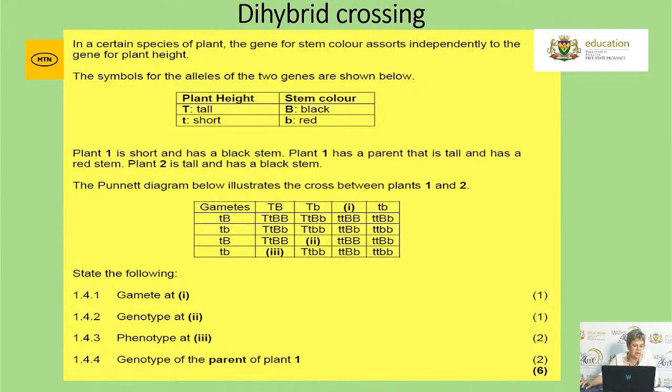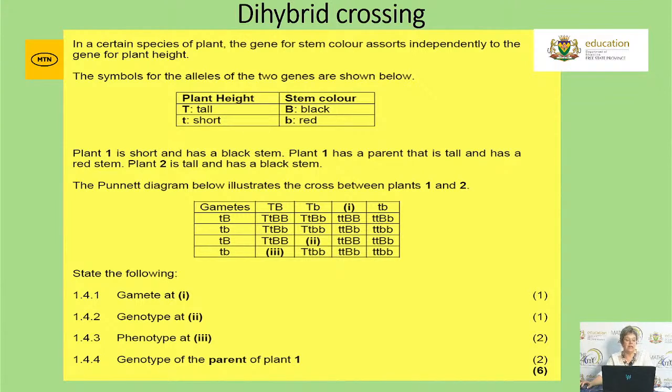So read very carefully. If I ask for the phenotype, you give the phenotype: the tall or the black or the red. If I ask for the allele, then you must give the capital letter T or capital letter B or small letter b. So what is the recessive phenotype for stem color? It will be red. But what is the recessive allele for stem color? It will be small letter b.